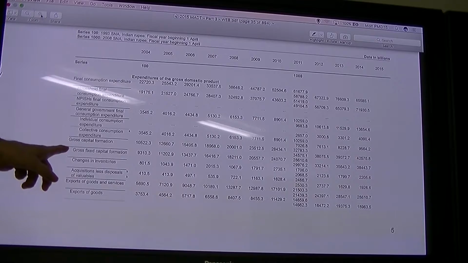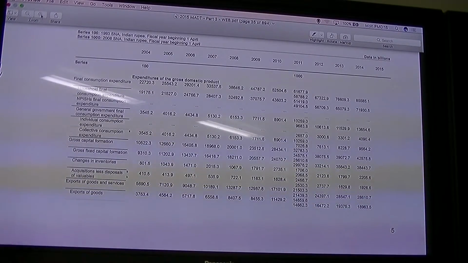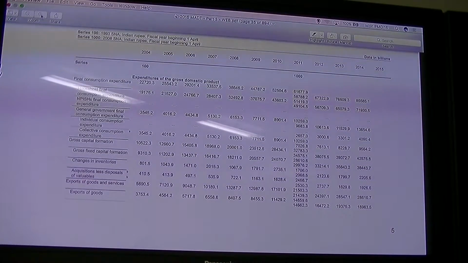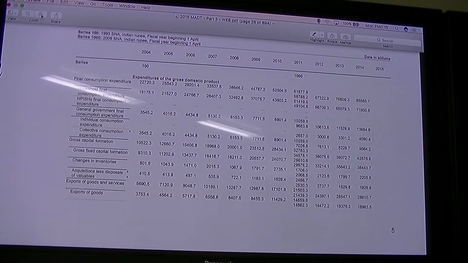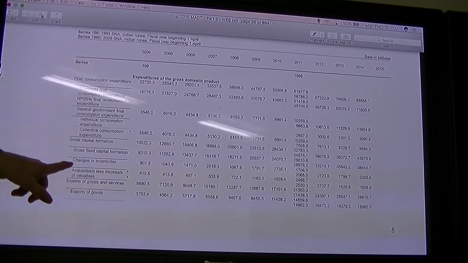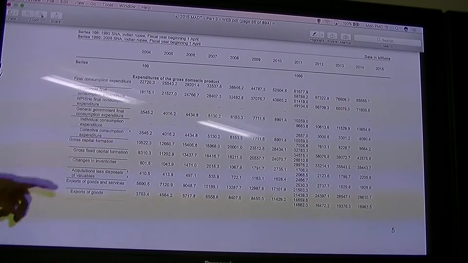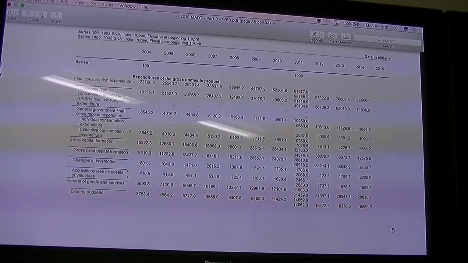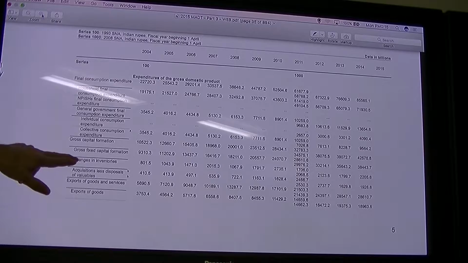That's investment in actual infrastructure: buildings, factories, residences, roads, electrical infrastructure, whatever kind of investment in fixed capital formation. And changes in inventories count as capital formation, because until you actually sell it, it's considered a capital asset. So that's how accounting deals with inventories.